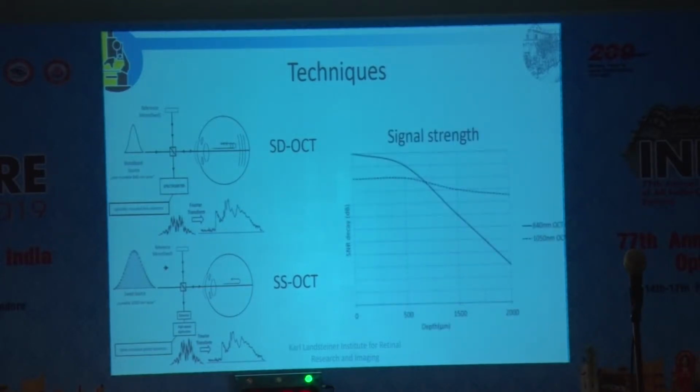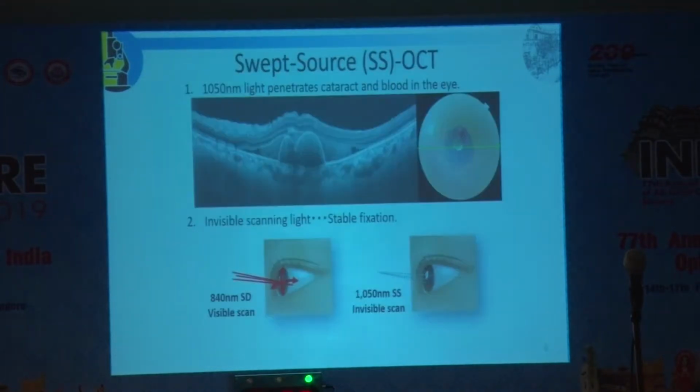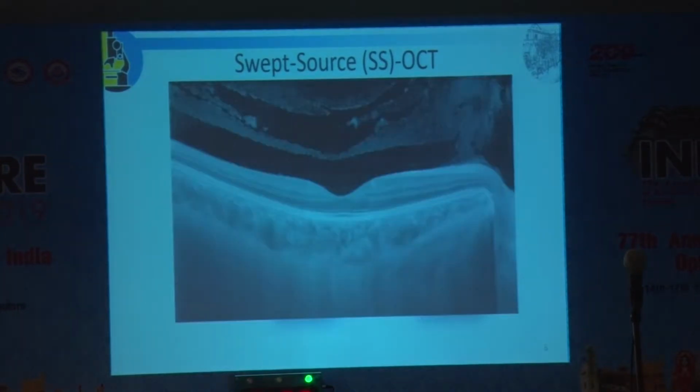The big advantage of swept-source OCT is less sensitivity roll-off. It can go deeper into the tissue. Furthermore, on OCT B-scan, it's possible to penetrate through blood, and it's an invisible scanning light. What you see here is the uniform sensitivity. The vitreous, the retina, and the choroid can all be displayed in one image.